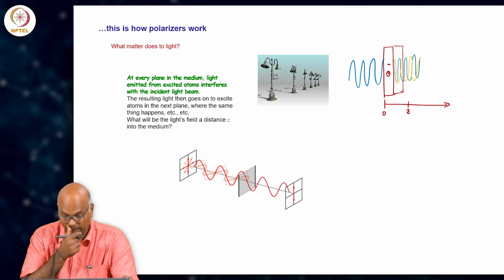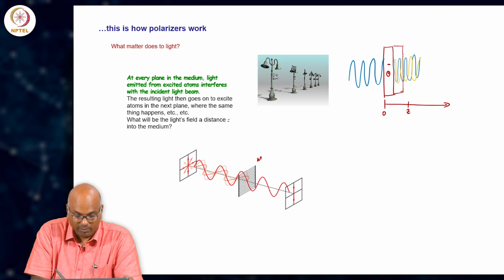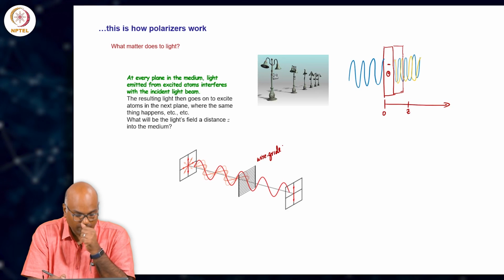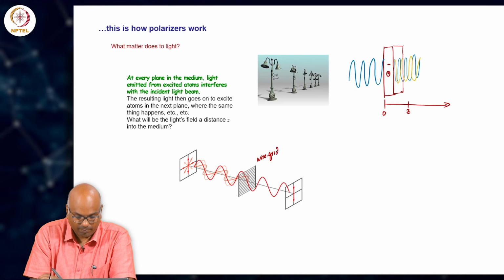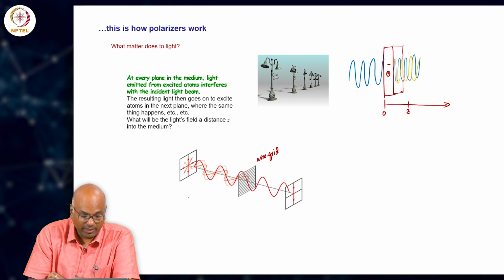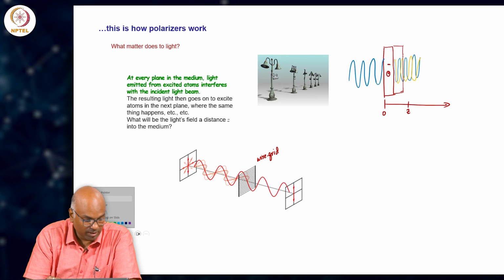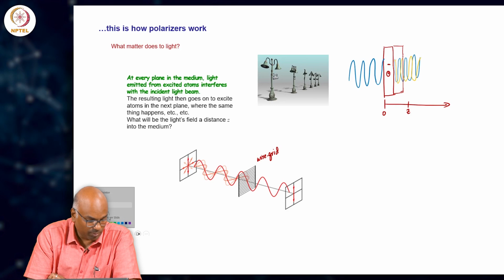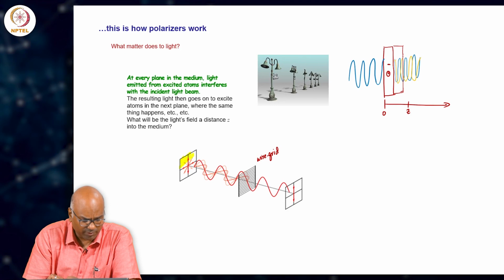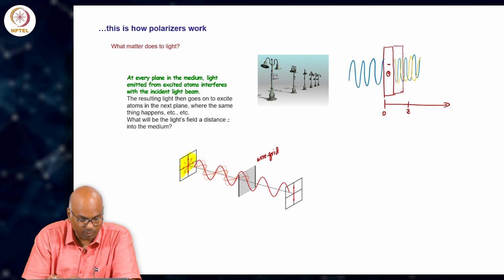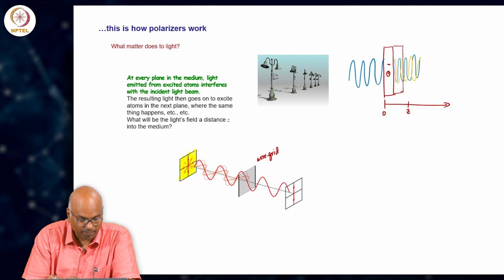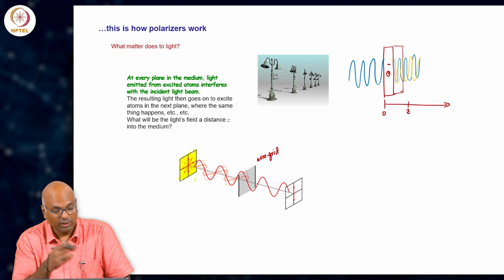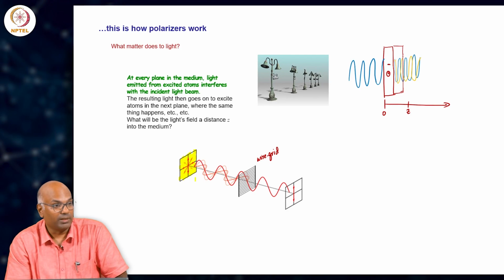I am considering this so called wire grid polarizer, where an electromagnetic wave with random polarization, look at the polarization profile of the wave here, it is randomly polarized.